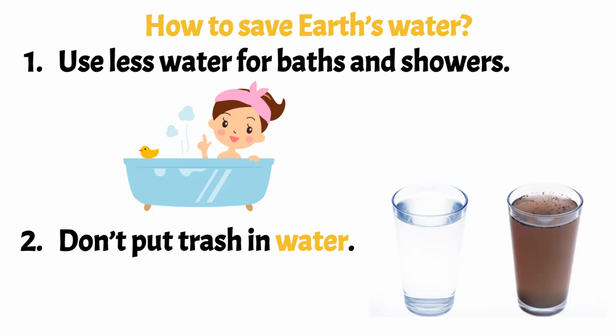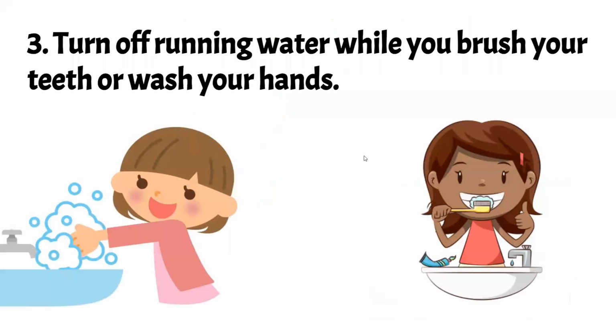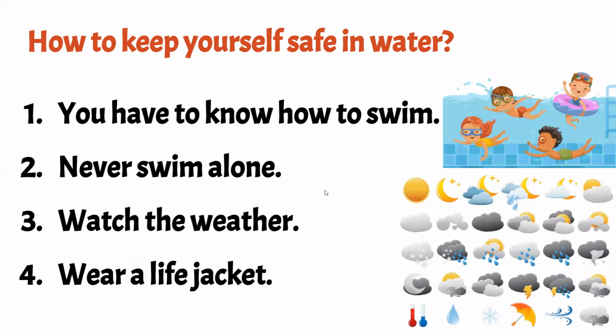So you have to make sure to keep the water clean from dirt. And we have to turn off running water while we brush our teeth or wash our hands, right? So these are ways to protect water, and how to keep ourselves safe in water.